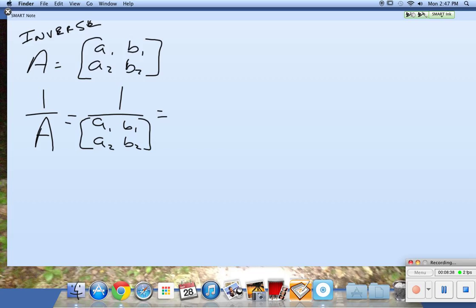Without going into all the details about how that all comes about, let me give it to you once. And this is going to equal a matrix of B2, negative B1, negative A2, and A1.